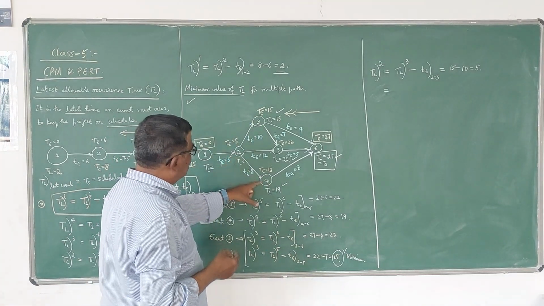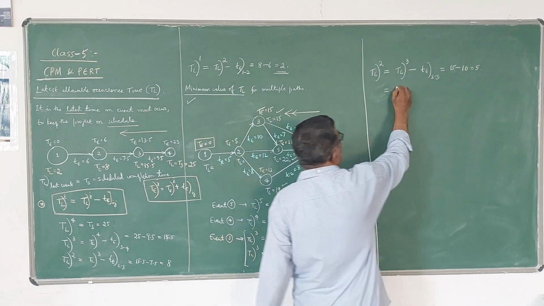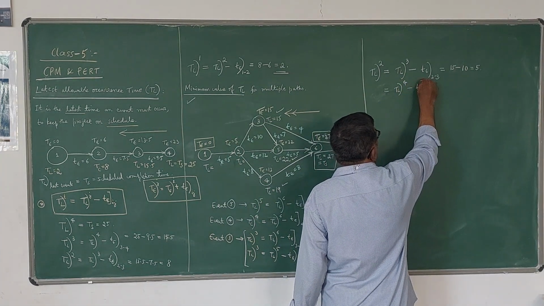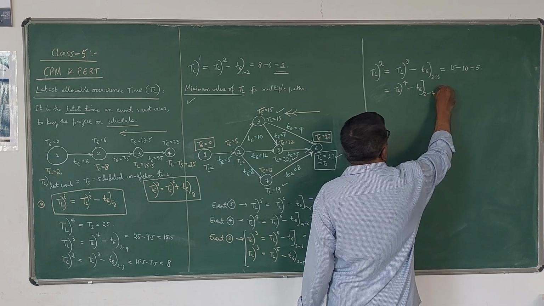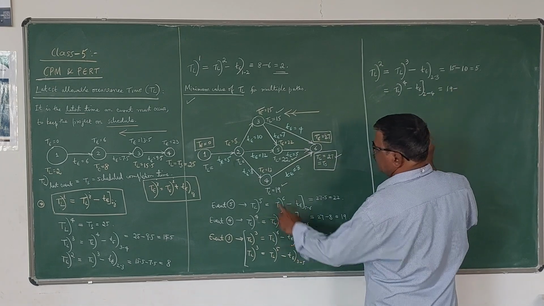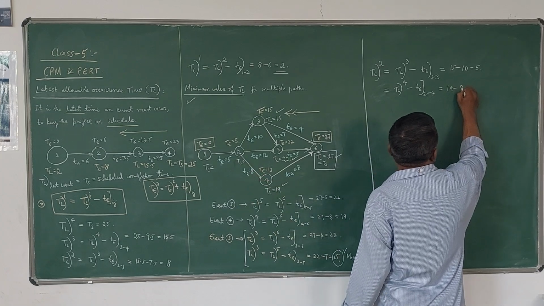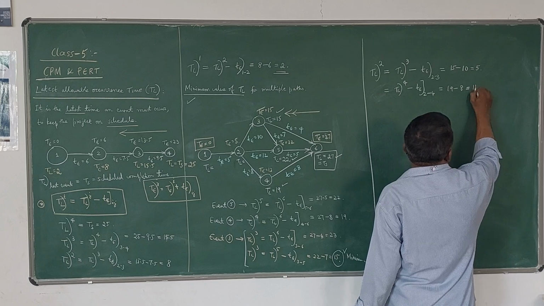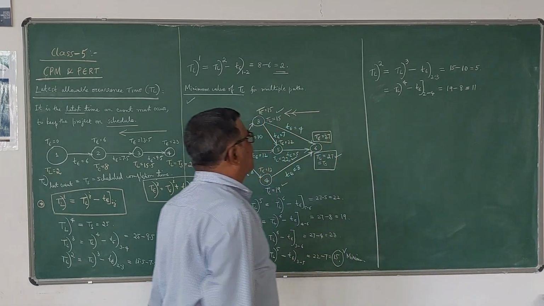The other one is coming from 4. So it is TL4 minus T of 2, 4. TL4 is 19 minus T of 2, 4 which is 8. So 19 minus 8 is 11. You got 11.